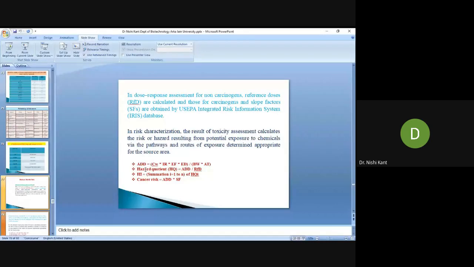If the HQ exceeds one, there might be a concern of non-carcinogenic effects. Hazard quotient is the ADD divided by the corresponding reference dose, and it can be obtained from the risk-based concentration table, US EPA 1993.